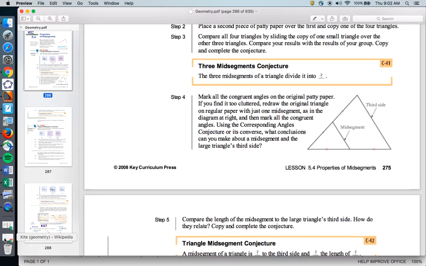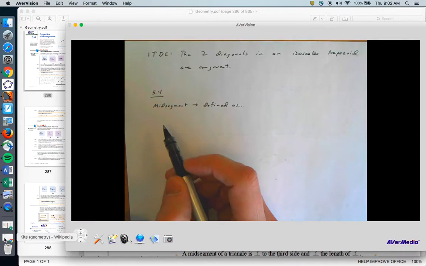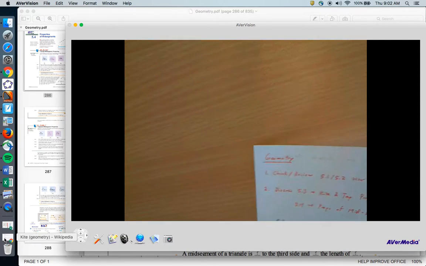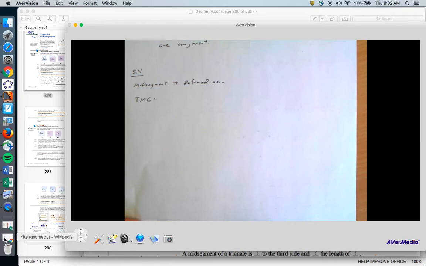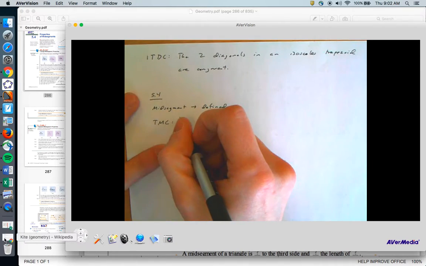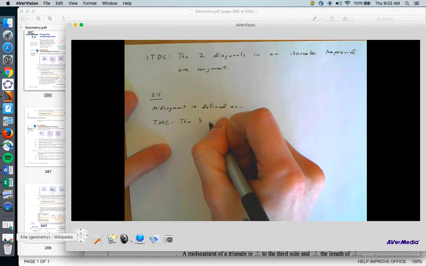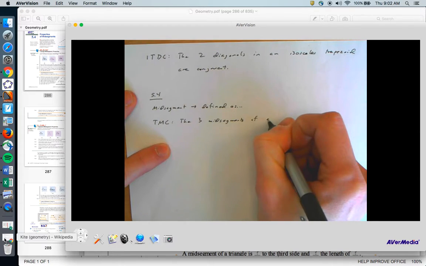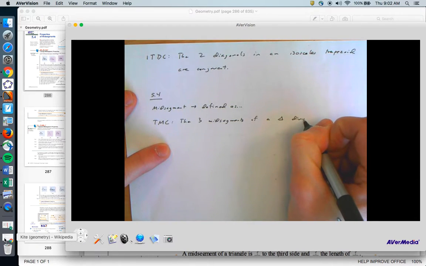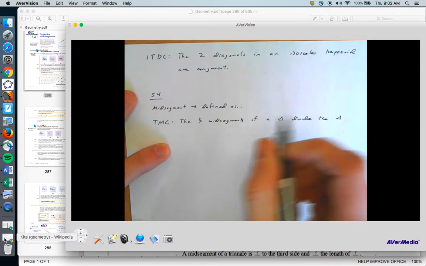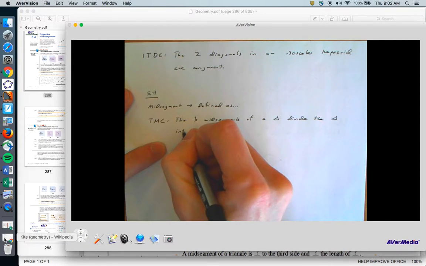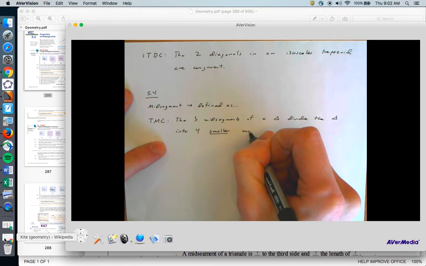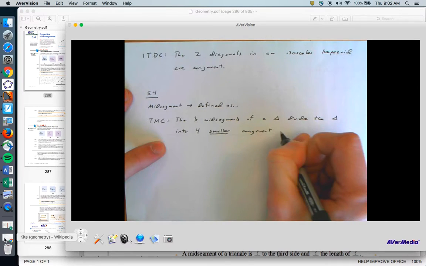Three midsegments conjecture. So the TMC. Yep, just checking that I'm doing the same thing with the colons. Okay, so the three midsegments of a triangle divide the triangle into four smaller congruent triangles.